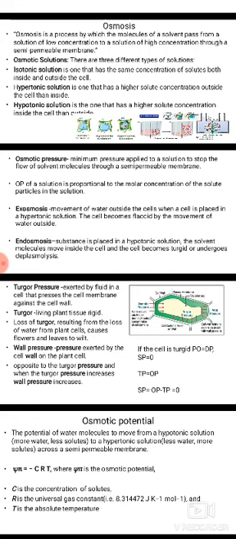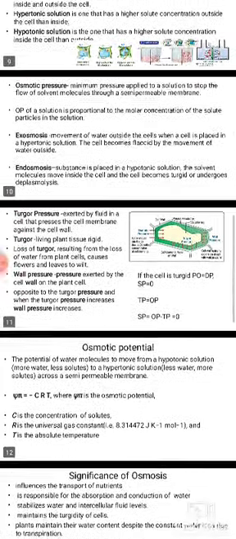Exosmosis is movement of water from inside the cells when a cell is placed in a hypertonic solution. The cell becomes flaccid by movement of water outside. Endosmosis. Here, the cell is placed in a hypotonic solution. The solvent molecules move inside the cell and the cell becomes turgid and undergoes deplasmolysis.